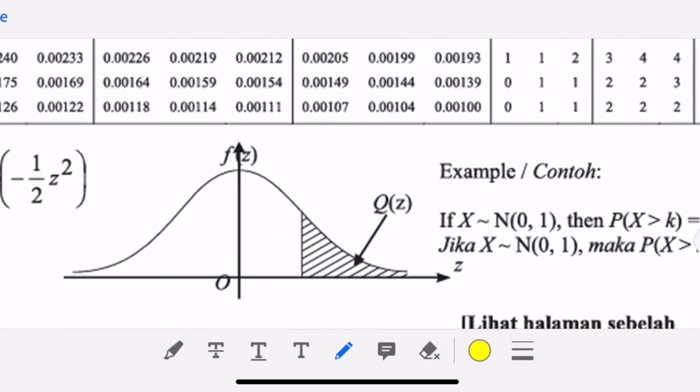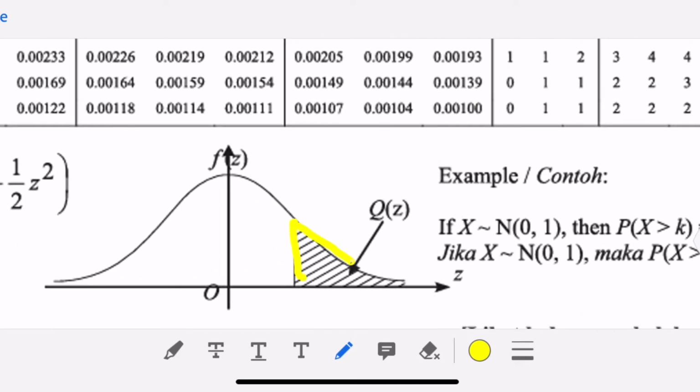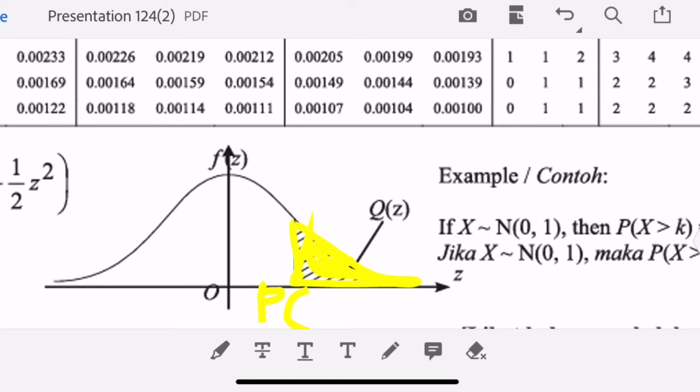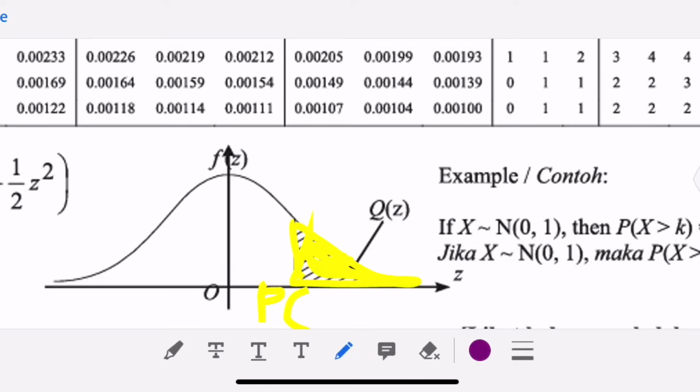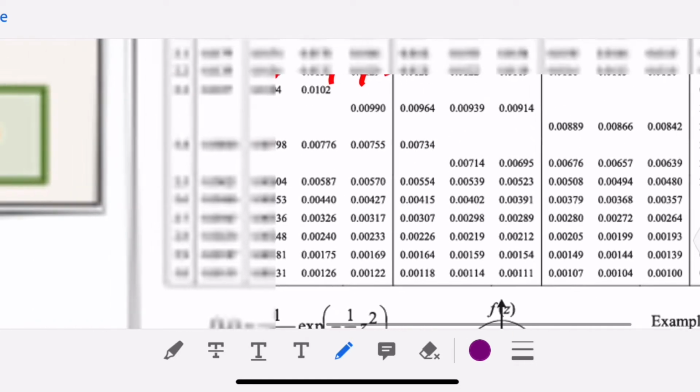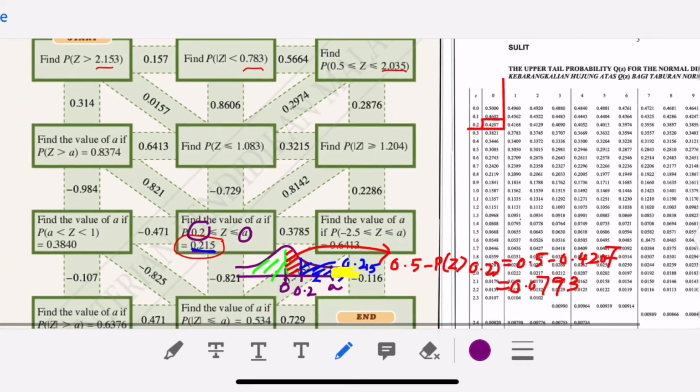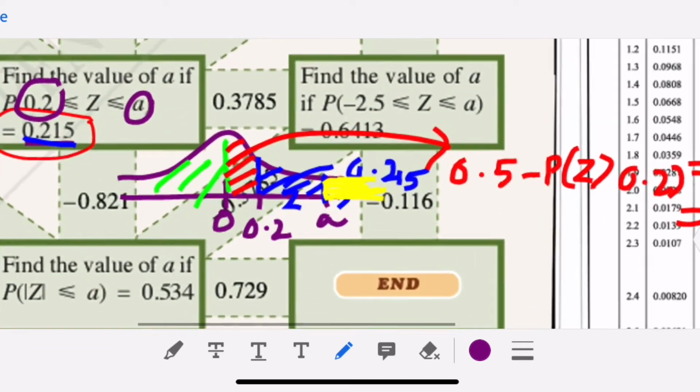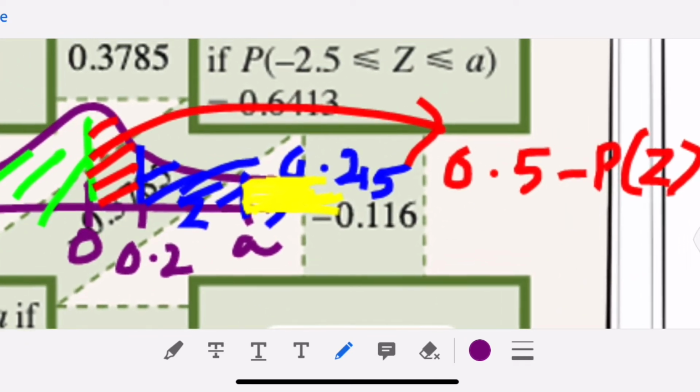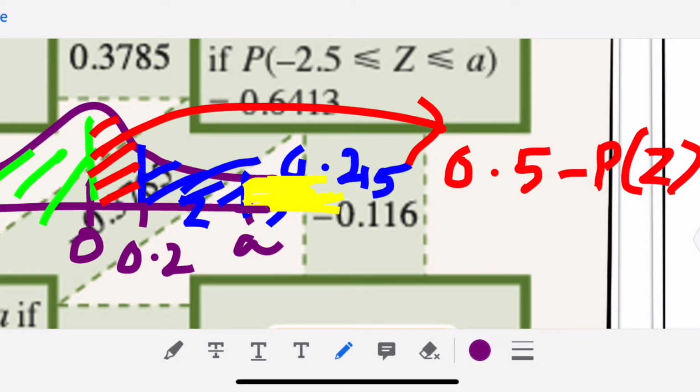It is defined as the area which is more than the Z value. So we say Z more than a certain value A here. Okay, so we always focus on the area where we want the right-hand side shaded to the right. So this is the area that we are going to find.